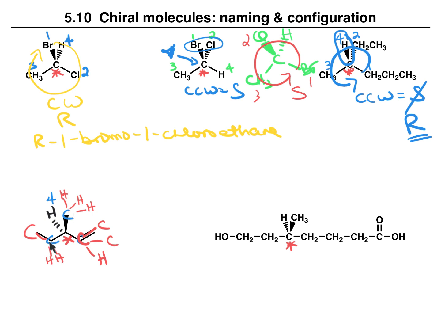So carbon, carbon, carbon, but this carbon is connected to two carbons, which gives it higher priority than this carbon connected to one carbon, which has higher priority than this carbon connected to three hydrogens. So this is priority 1, 2, and 3. If we're going 1 to 2 to 3, we are going clockwise, and our lowest priority is back, so clockwise is R configuration.